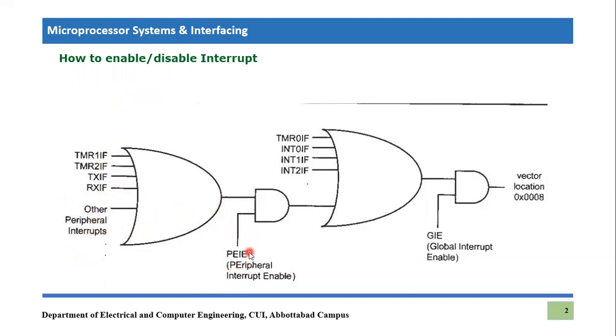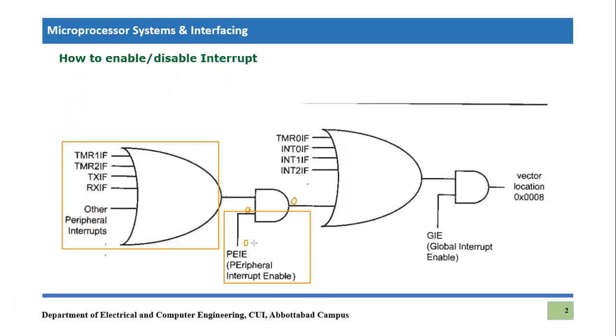I hope you know this thing: if we place 0 here, what is going to happen? This input will have 0, and whatever the information is, it is not going to come to the output, because if one of the inputs is 0 for an AND gate, the output is 0. So this area is what you can call the enabling or disabling area for these specific interrupts.